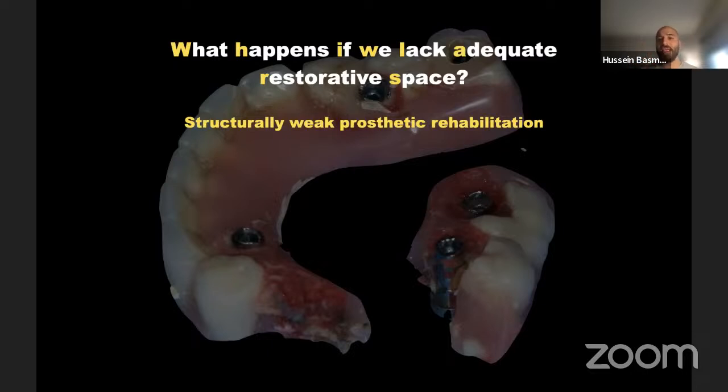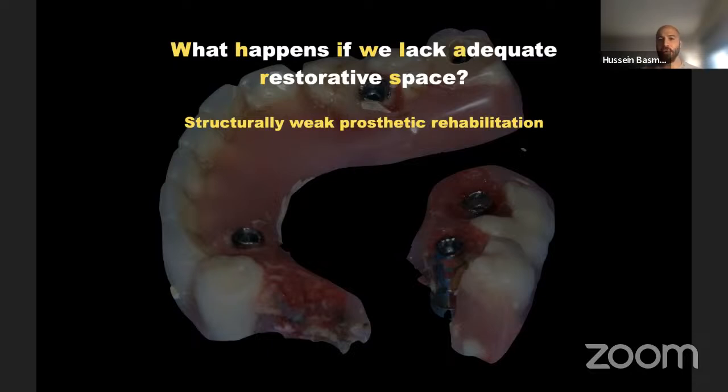So you have to plan that early on, whenever you're fabricating your initial prosthesis, and that's going to be your guide in the surgery to know how much reduction you're going to do in the alveolar bone.